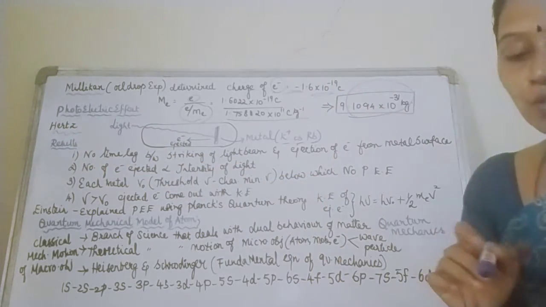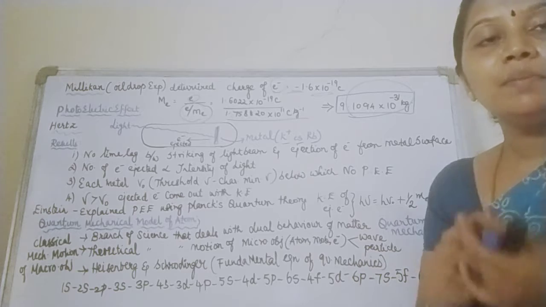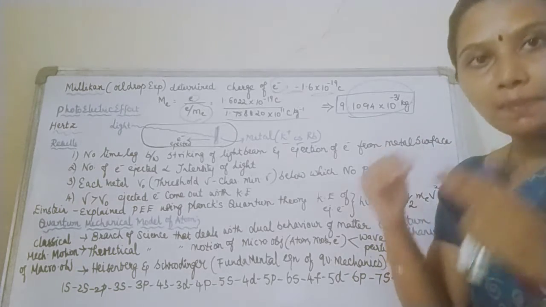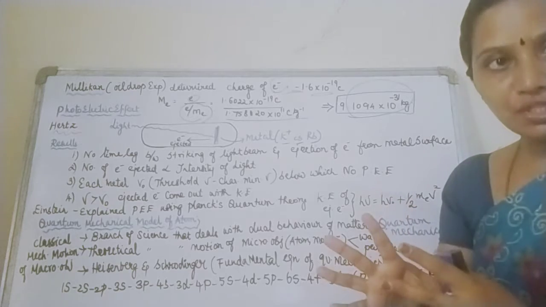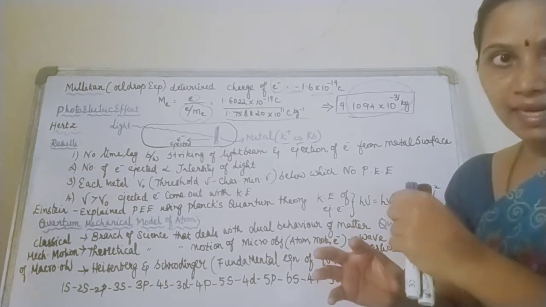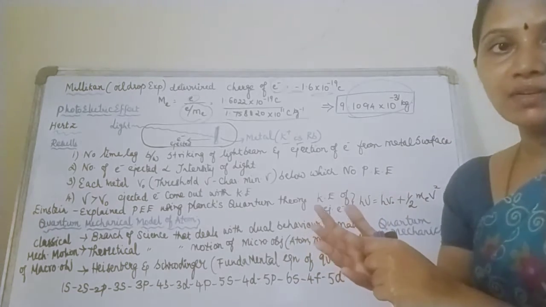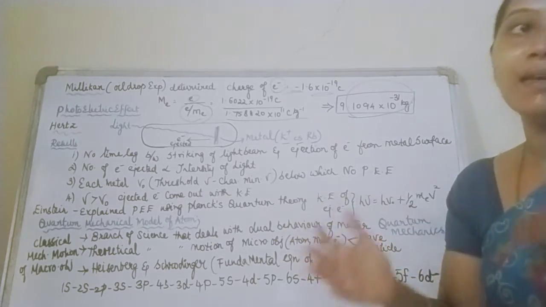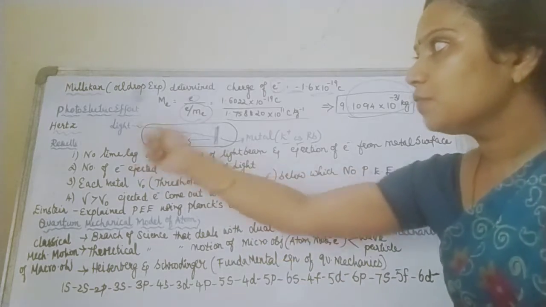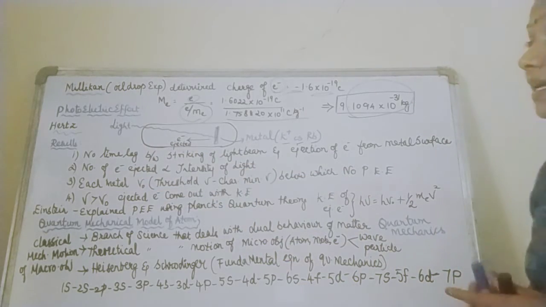Clear to you? So what is the photoelectric effect? When a beam of light falls on a metal surface like potassium, cesium or rubidium, electrons are ejected. Photon, light energy, striking a metal surface, electrons are emitted. Photon, electron, photoelectric effect. This was discovered by the scientist Hertz.